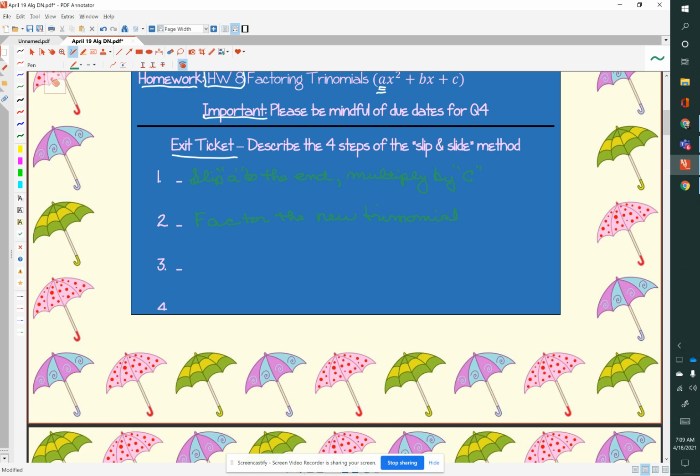Okay, divide both factors by the slipped value. And then reduce fractions and slide the denominator in front of the variable.